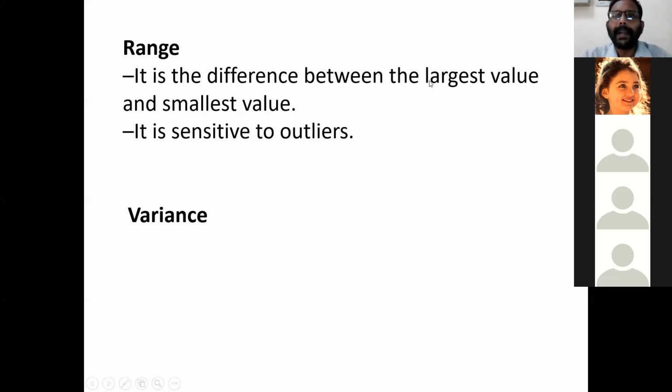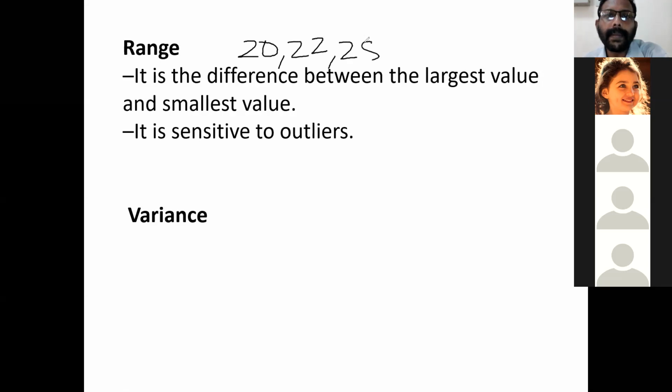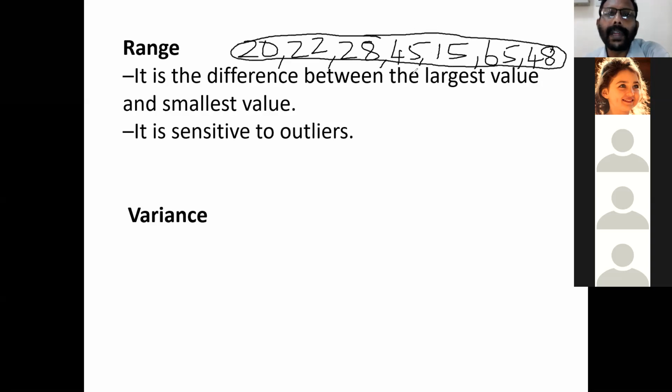Suppose I have a data set: 20, 22, 28, 45, 15, 65, and 48. Can you tell me in this data set what is the largest value and the smallest value?